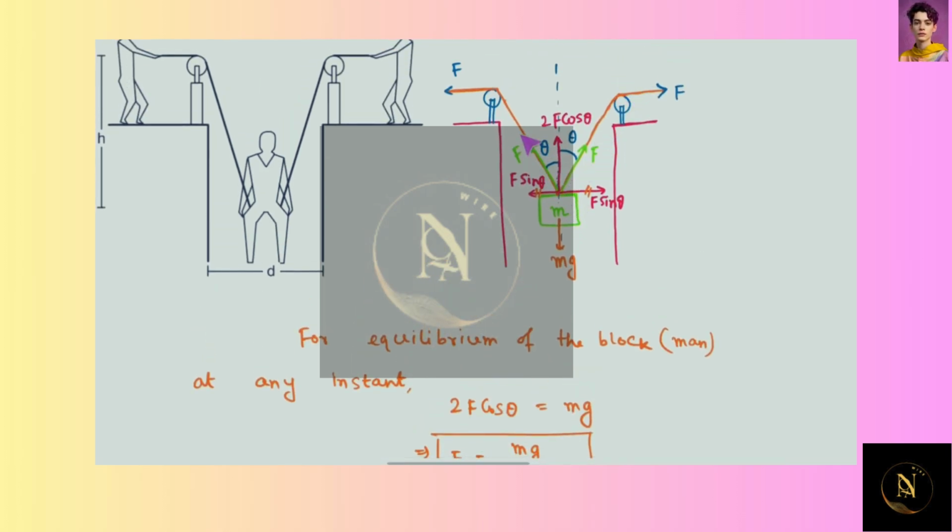Now one thing we can see from here: if the two friends keep pulling the two strings upward, the block or the man will start moving upward, right? As the man starts moving upward, the angle theta between the string and the vertical direction will also increase. Yes or no?